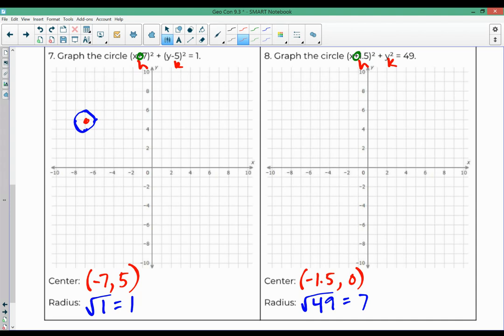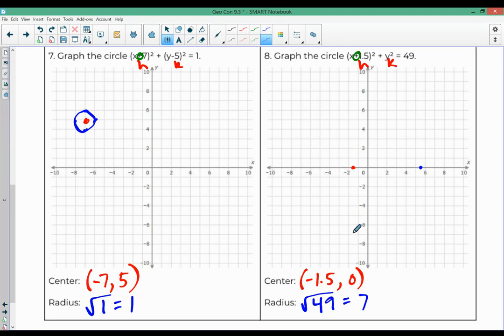Let's plot our center. Negative 1, that's negative 2, so it's halfway between, right here. And then a radius of 7, so that'll be 1, 2, 3, 4, 5, 6, 7, right here at 5.5. Again, on IXL it'll graph the whole thing for you.